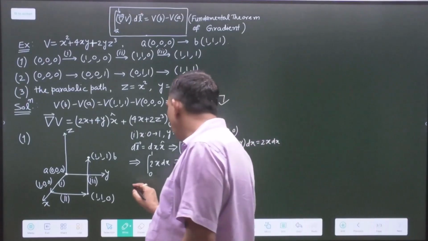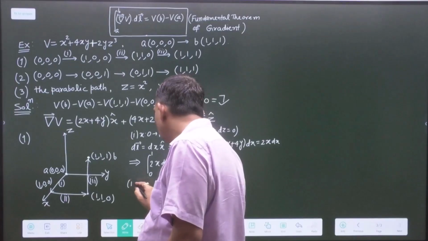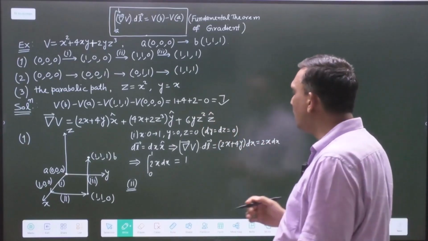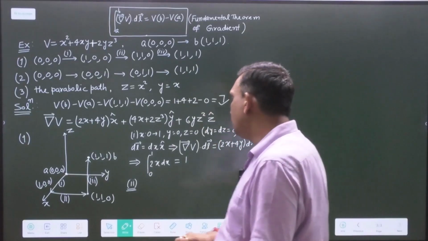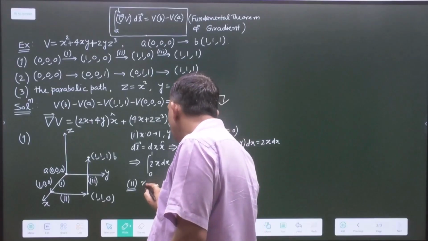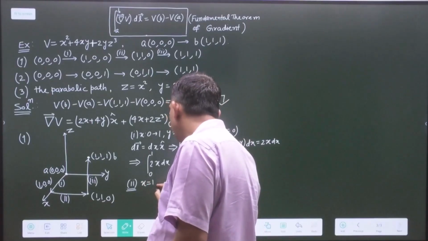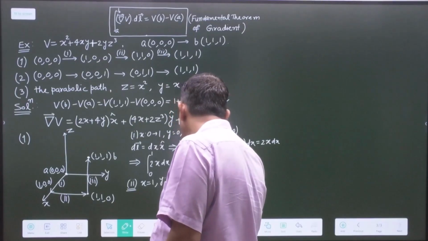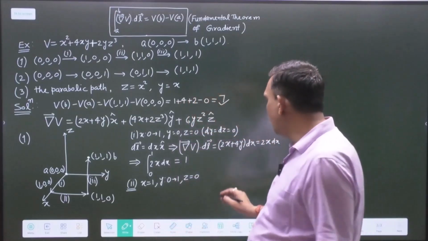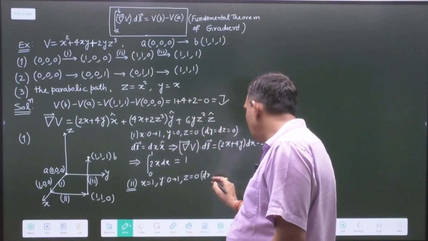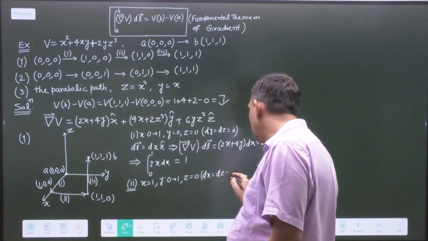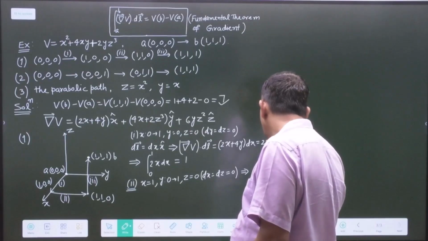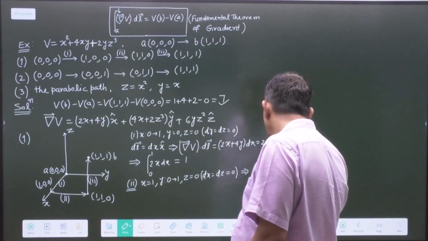Now let's find along segment 2. Here x is fixed, y is variable from 0 to 1, and z is 0. So dx and dz are 0, and dl is dy y cap.